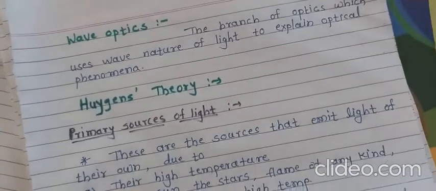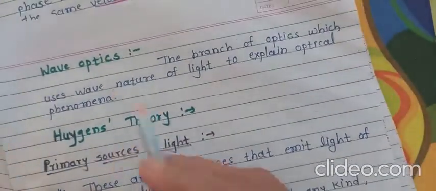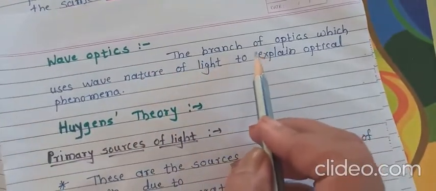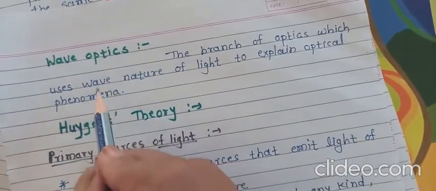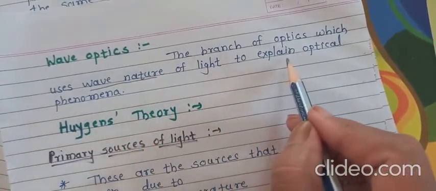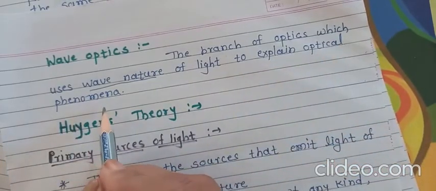Next, we studied wave optics. Wave optics is the branch of optics which uses the wave nature of light for the explanation of optical phenomena.